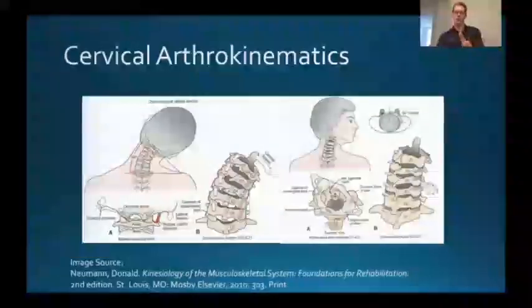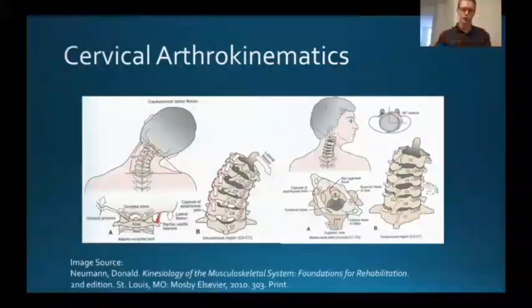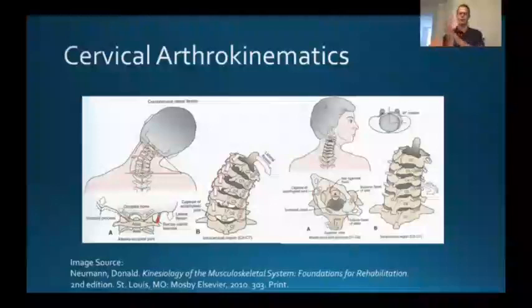Understanding that's important for the side bending and rotation here. So as you can see in the picture, this is going to be cervical lateral flexion to the right. And so I want everyone to do that. As you laterally flex to the right, you're going to be closing down the right side and then opening up the left side of the cervical spine. That closing on the right side is essentially the same thing that you're doing with extension, that down and back movement.